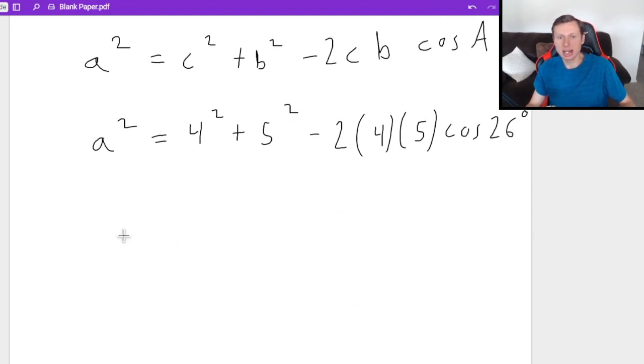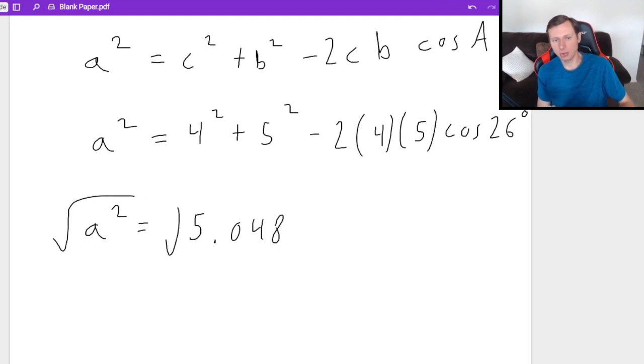So the right side, I can plug the entire thing in my calculator, as long as your calculator's in degrees. So 4 squared plus 5 squared minus 2 times 4 times 5 times cosine 26. I plug the whole thing in my calculator, and I get 5.048. And then all I need to do is take the square root of that, and I'll get my side A.